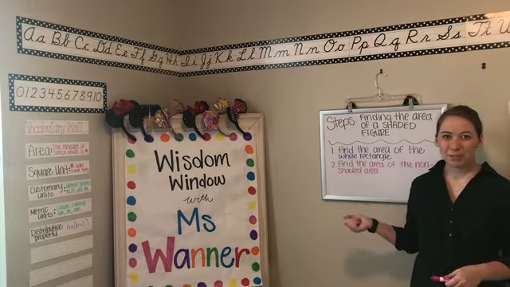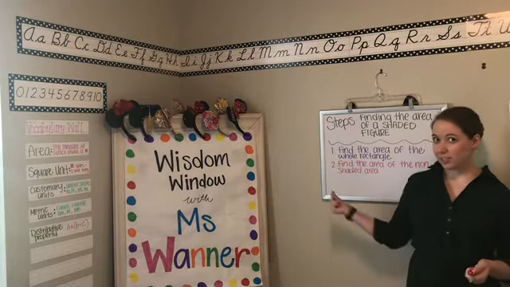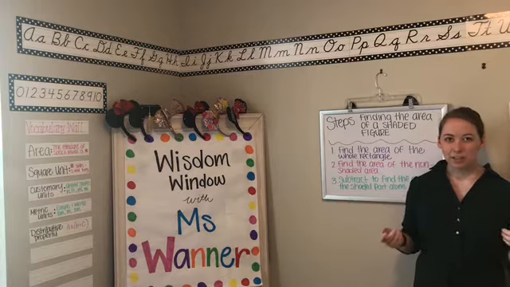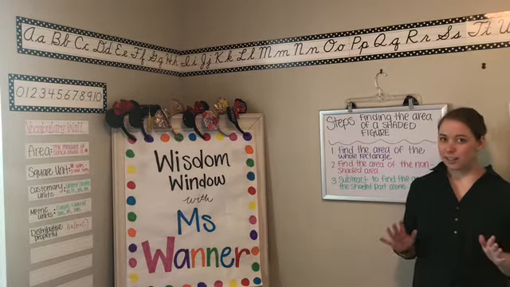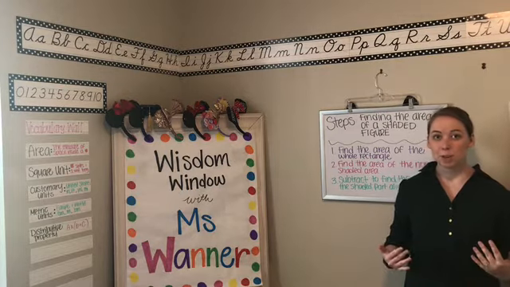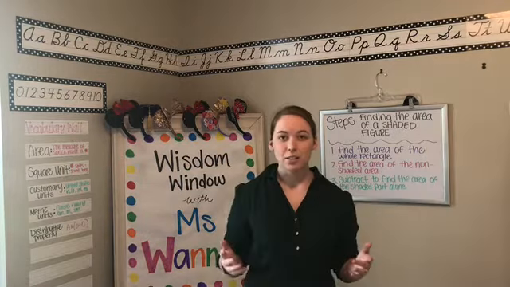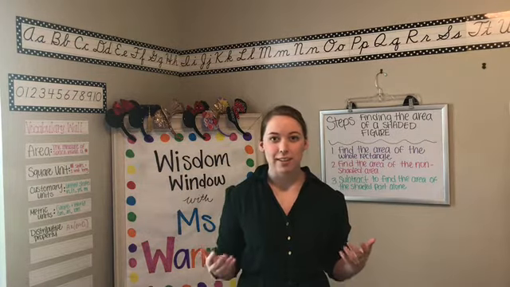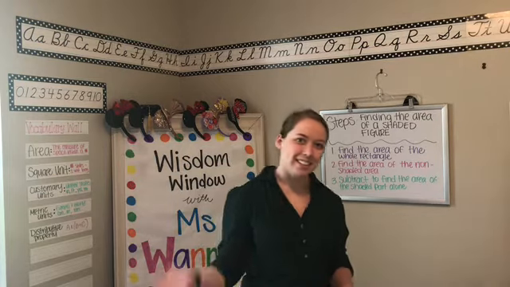Second, we're going to find the area of the non-shaded area. And third, we're going to subtract to find the area of the shaded figure alone. And lastly, we're going to make sure that we write our answer in square units because we are talking about area and we multiplied to find our answer. Now, since we know the steps of how to find the area of a shaded figure, let's go try out some problems. All right, let's go.